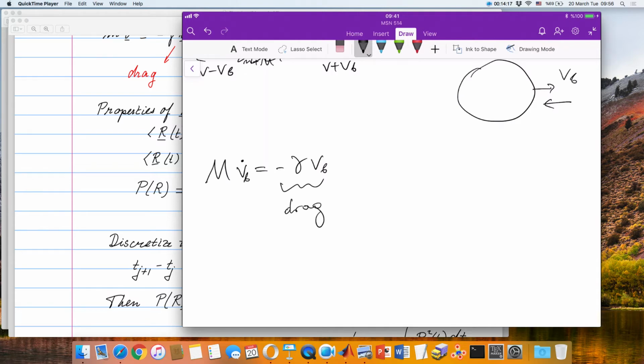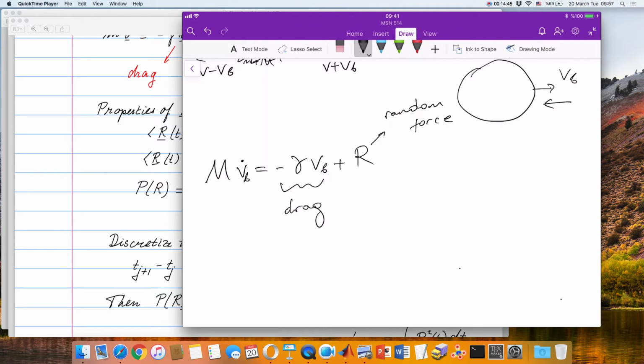And there is one more term because of the collisions, which is basically random kicks, plus some random force. This is the random force. Why? Because you have kicks in all directions and you have to account for that.